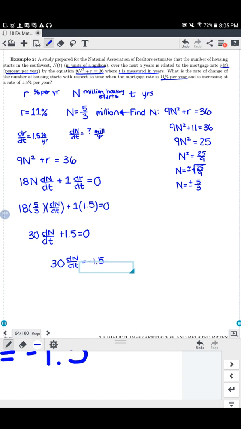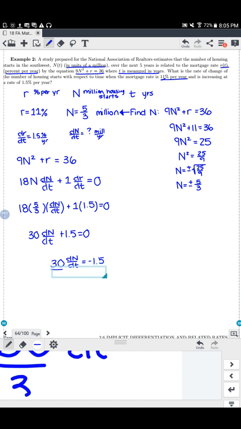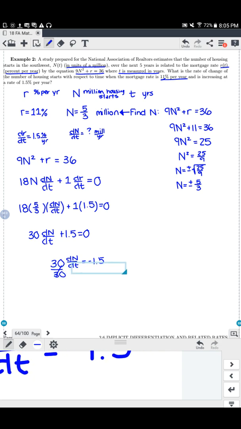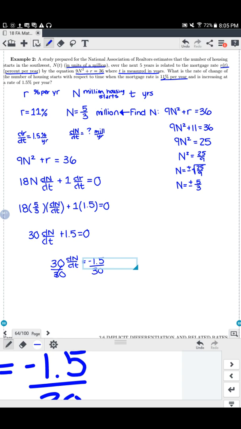And lastly, I need to divide both sides by 30 to get that dn/dt by itself. You can divide these in your calculator. So you would get negative 0.05, and I need the correct units on this.